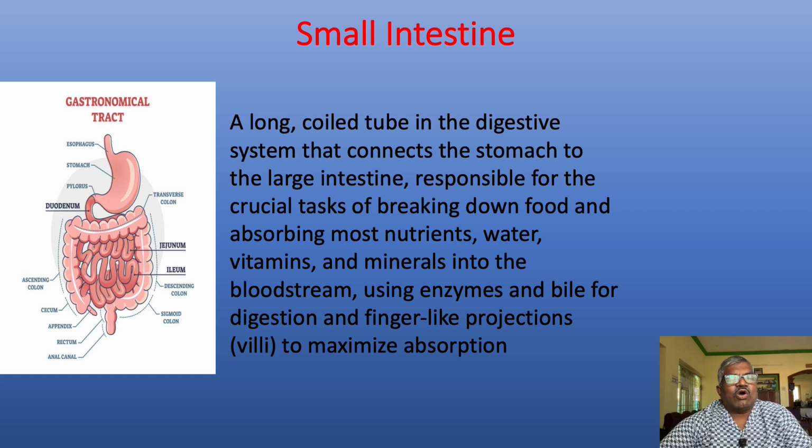Okay, now we will discuss the small intestine. It is a very long coiled tube of the digestive system. Compared with the other structures, the small intestine is very long. The complete digestion of the key components of the food takes place in the small intestine, as well as absorption of nutrients, water, vitamins and minerals.